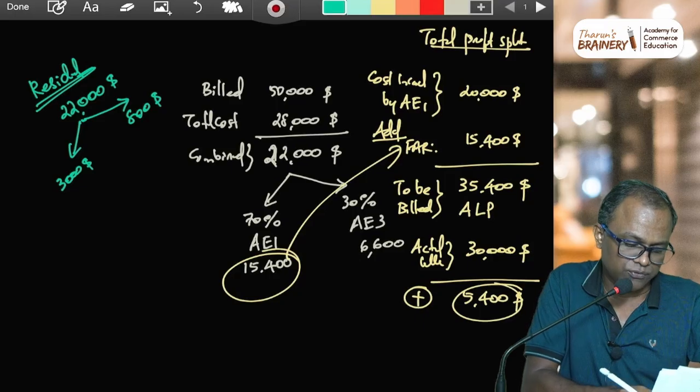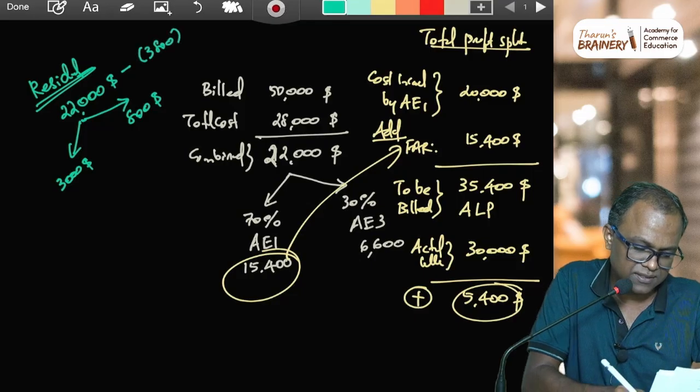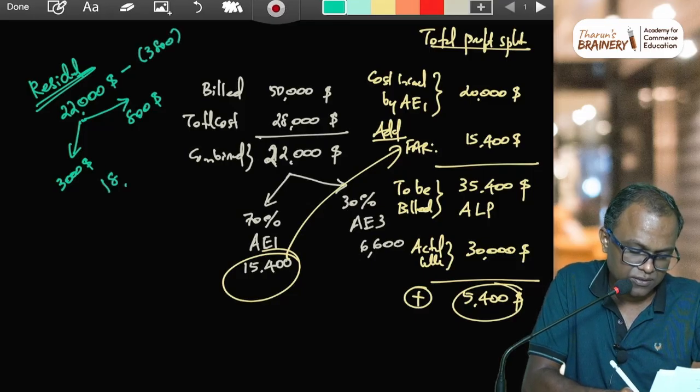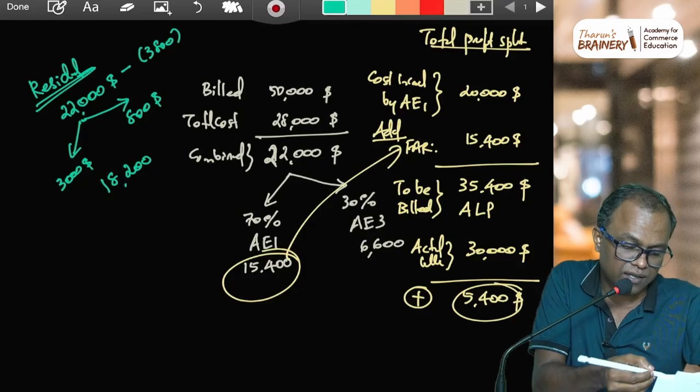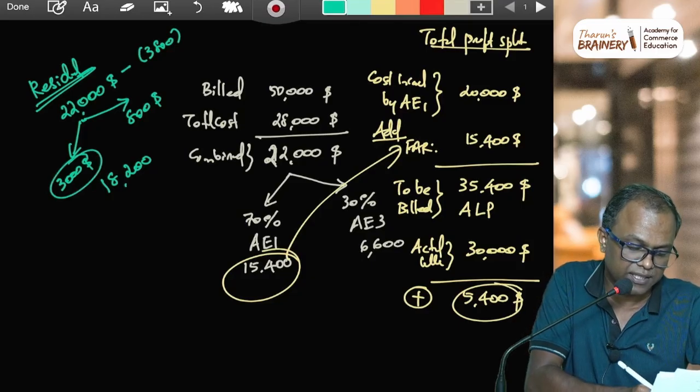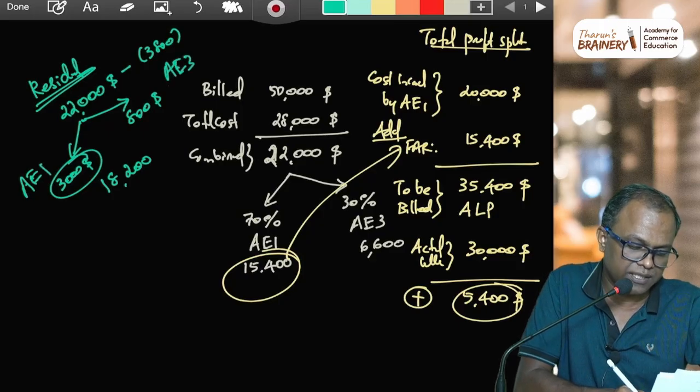And then out of 22,000, if you reduce 3,800, what is the balance? 18,200. This 18,200 is the residual profit, after reducing the basic return to each entity, AE1 and AE3, the remaining profit available for distribution.